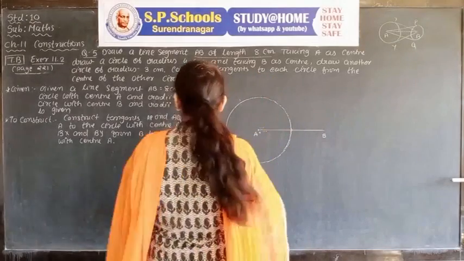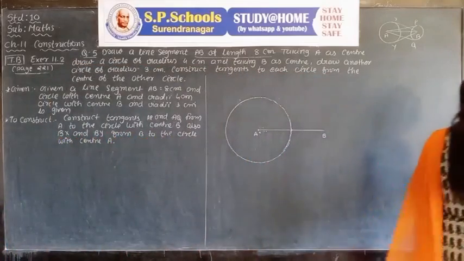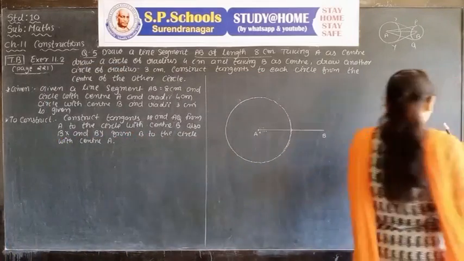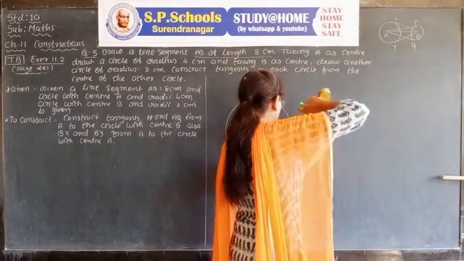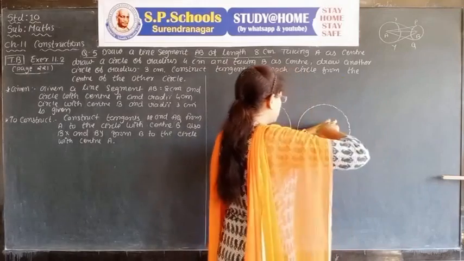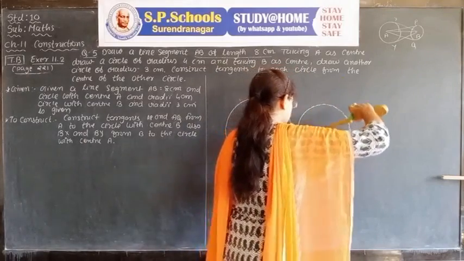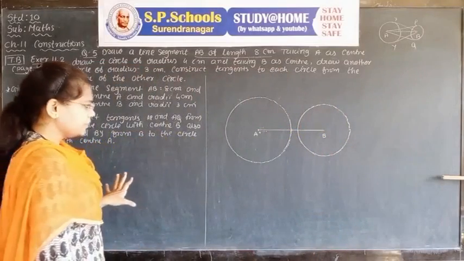Okay, now the second step is to draw another circle of radius 3 centimeters. For that, use your scale to take a radius of 3 centimeters. Taking B as a center, draw another circle. This is completed.